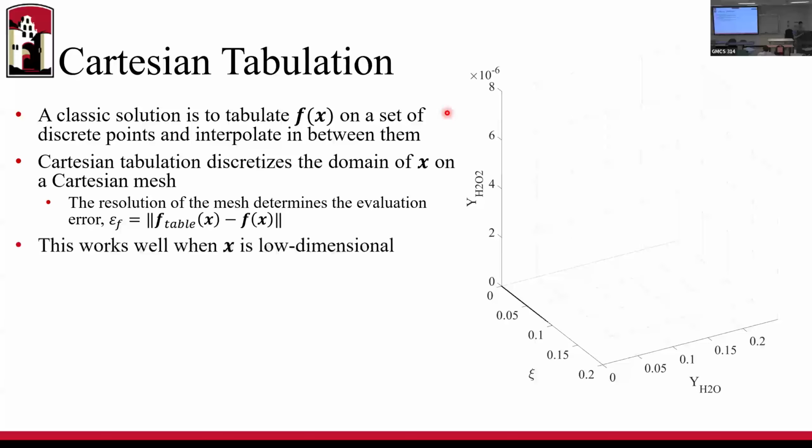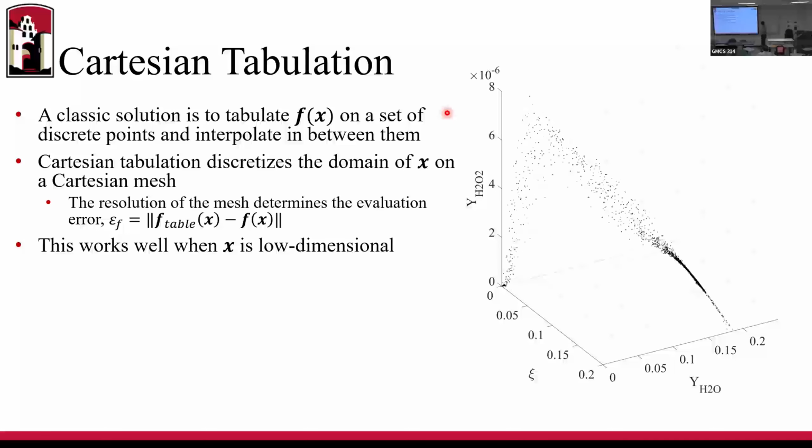And that works quite well when the domain is low dimensional. So the classic case is a flame table that resolves the flame properties based on the values of mixture fraction and progress variable.